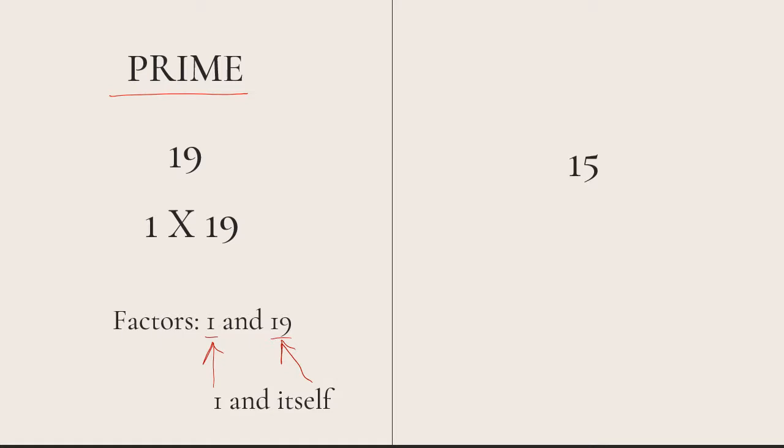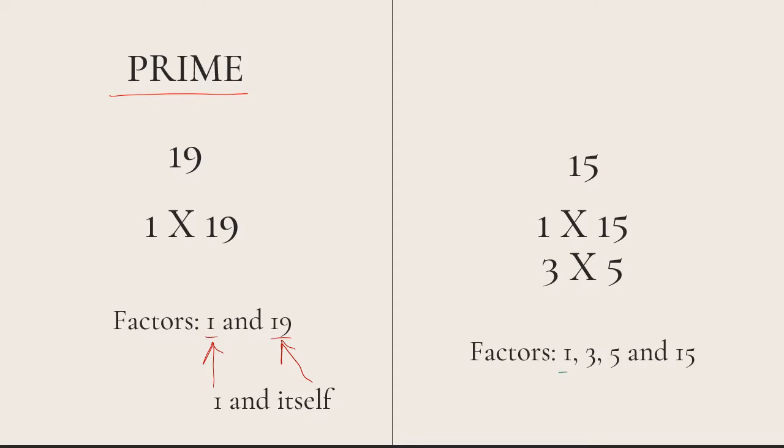Next, 15, the number that we tried just now in one of the examples. So what are the factors of 15? It's 1 times 15 and 3 times 5. So the factors of 15 are 1, 3, 5, and 15.